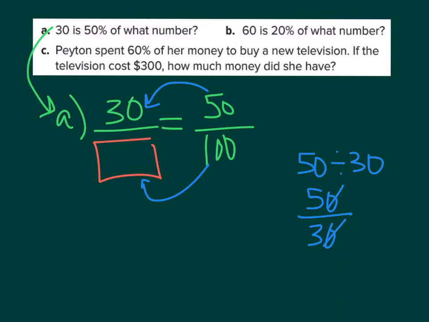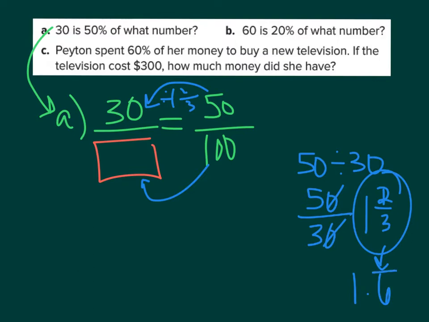So if I divide by 10, that gets me to 5/3, which then gets me to 1 2/3. So that would tell me that I would have to multiply by 1 2/3. So that would tell me that I would have to divide by 1 2/3. So if I look at 1 2/3, I would know that that's actually equal to 1.6 repeating.